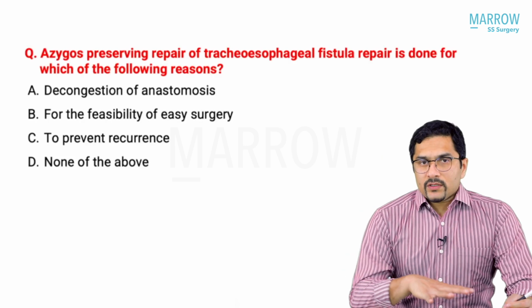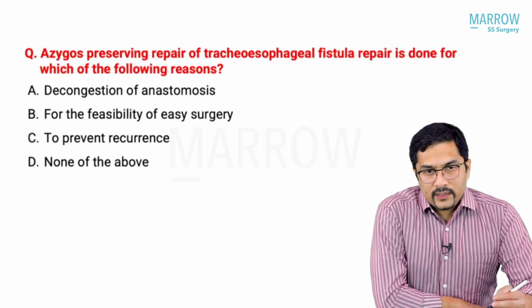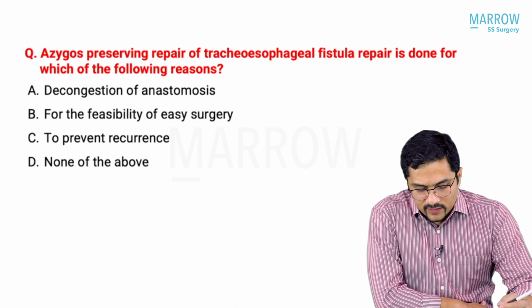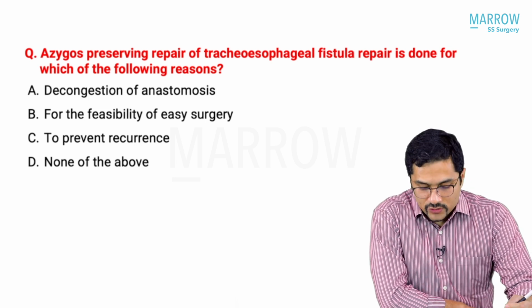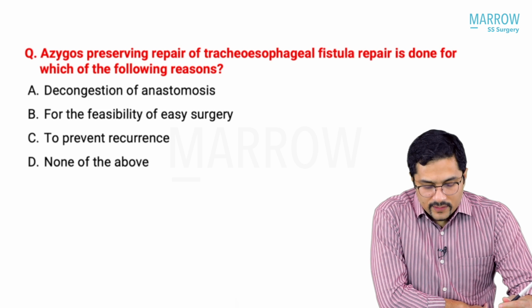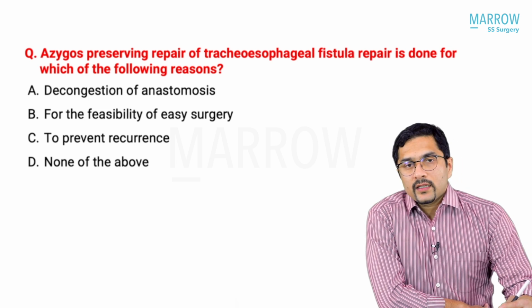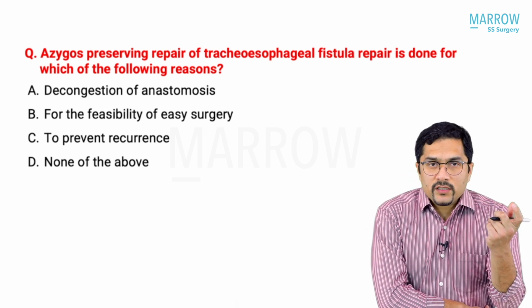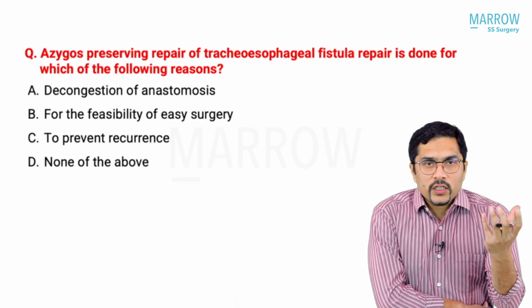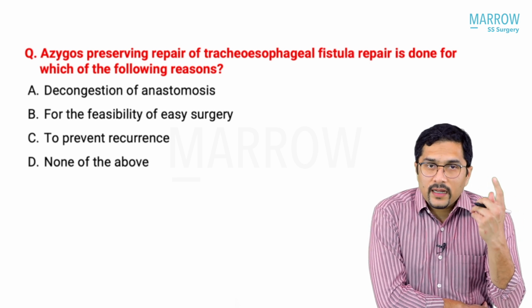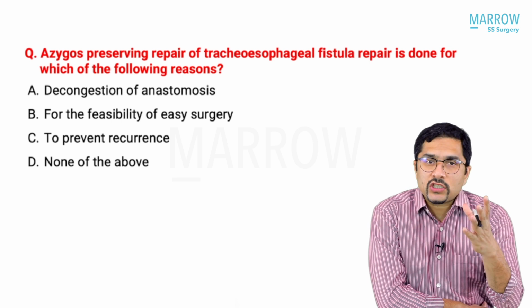This was a question which was a bit difficult. Azygos preserving repair of tracheoesophageal fistula is done for which of the following reasons? When you are repairing a tracheoesophageal fistula, majority of the times the azygos vein was being ligated, right, to approach the fistula.